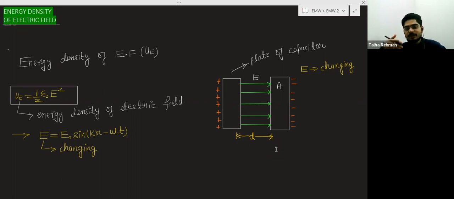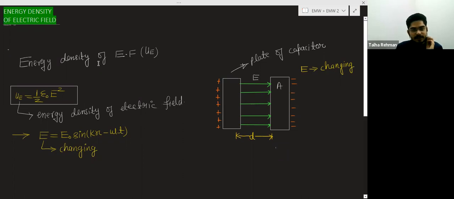Energy density for the capacitor, or you can say energy density for the electric field. Basically, in between the plates of the capacitor there is an electric field. So in the electric field, how much will be the energy in unit volume is known as the energy density.